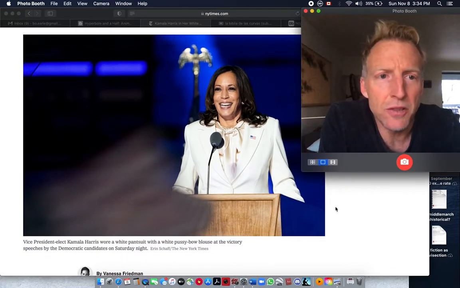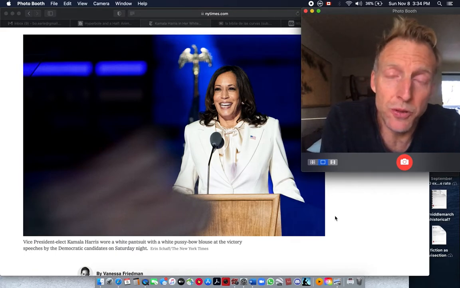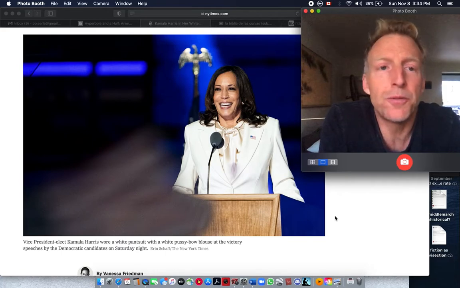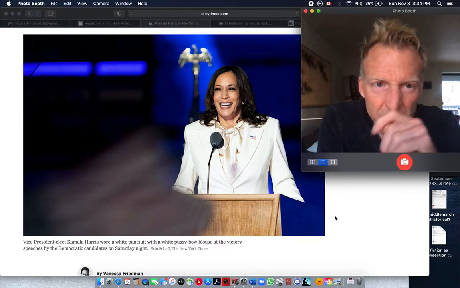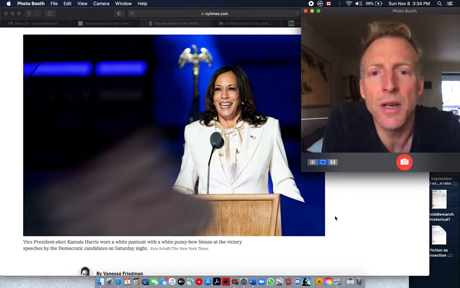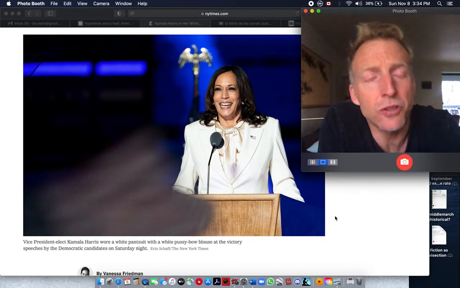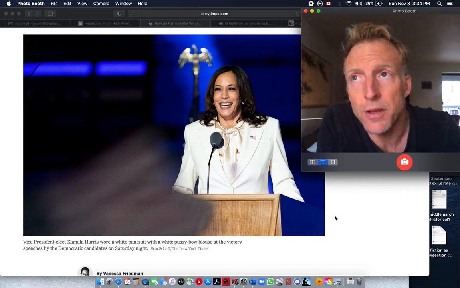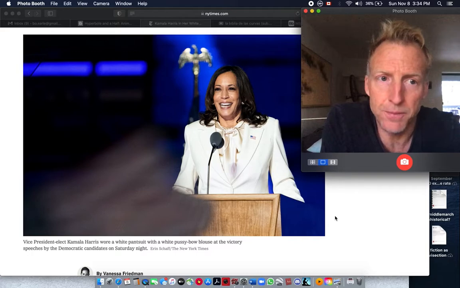The white pantsuit has a long history of affiliation with the suffragette movement, the women's rights movement, going back to the early 20th century. So speaking for or symbolizing those excluded from representation.